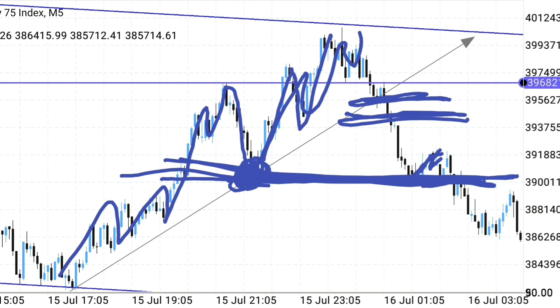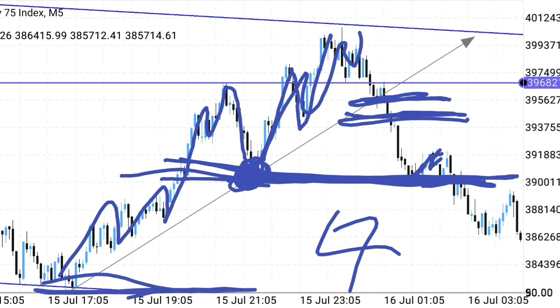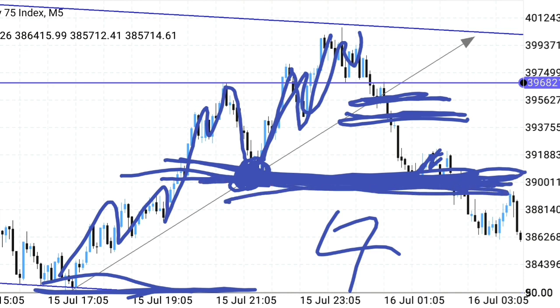Take 30% of your profit, and leave 70% to run and hit your overall target. Remember, this is a small account of $5. We can't take some partials. The only thing you have to do here: when the market hits what we call TP1, remove your stop loss from above and put it on break even.